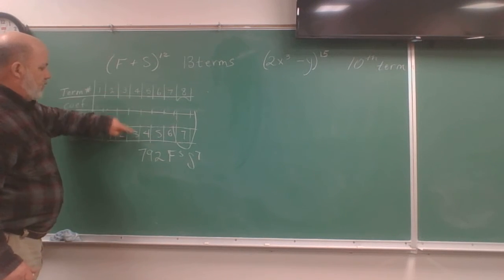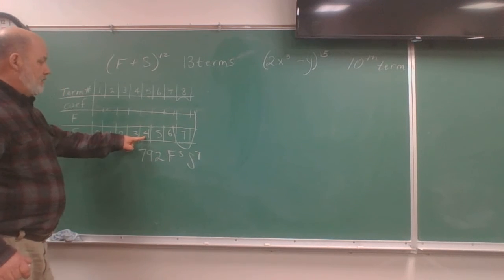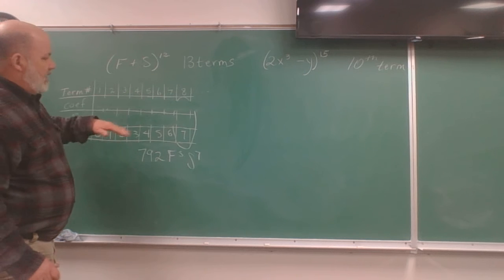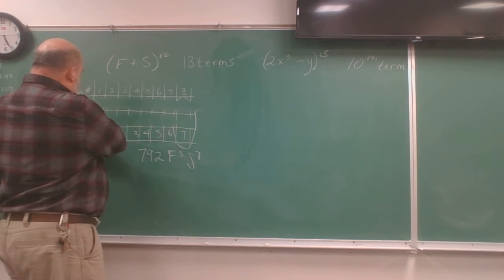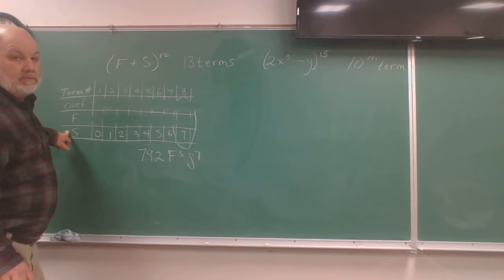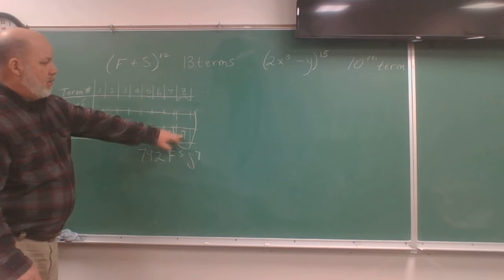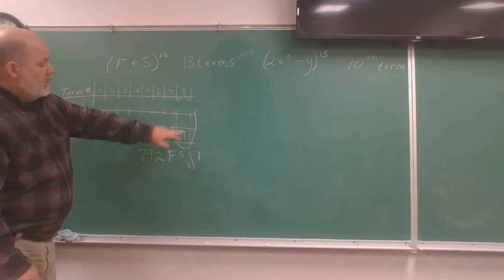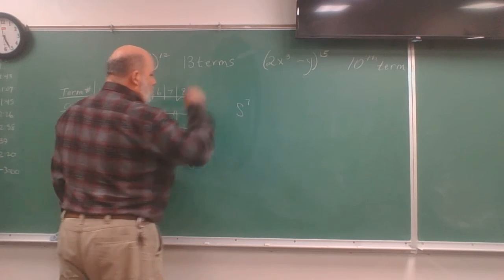Third term, 2. Fourth term, 3. Fifth term, 4. I'm seeing a pattern here. That tells me that if I'm looking for the 8th term, my second term in the quantity, whatever it may be, is going to be to the 7th power. You're looking for the 8th term, it's going to be the 7th power. So now I know that my s will be to the 7th power.